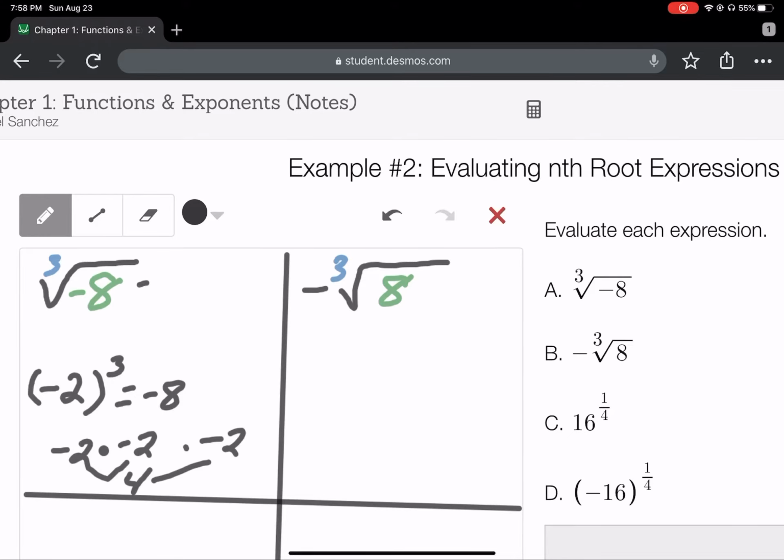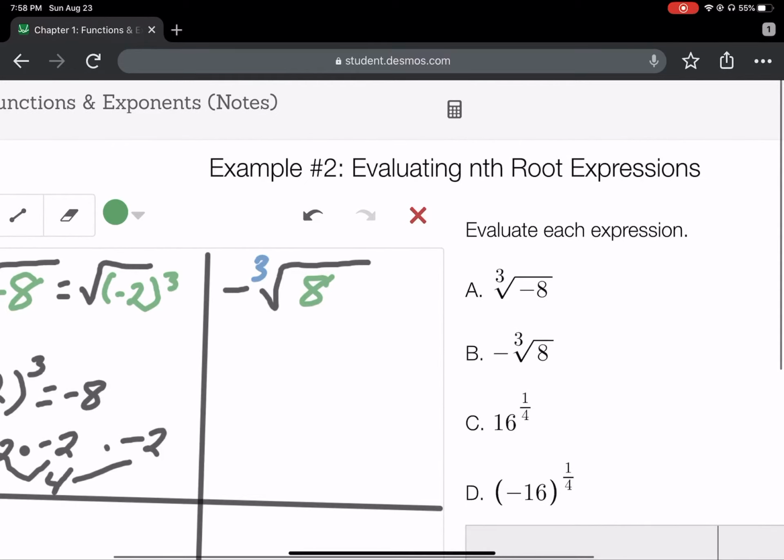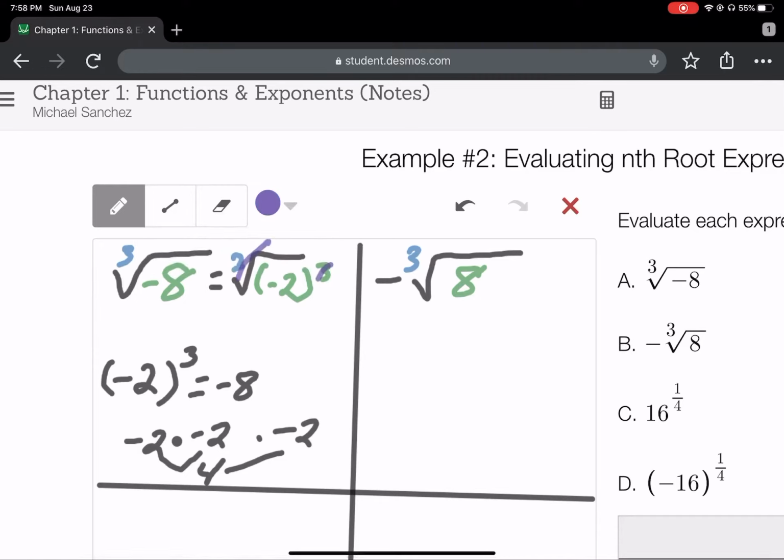So here we have negative 2 to the power of 3, and then our nth root and our exponent cancel out, so our result is negative 2.